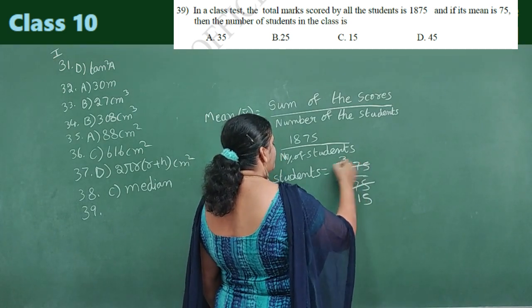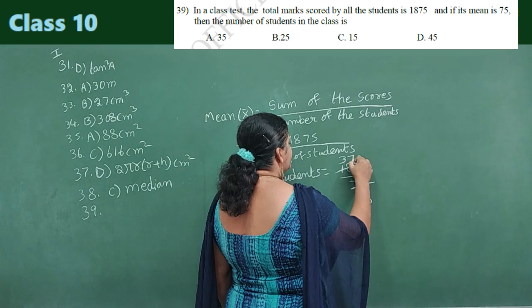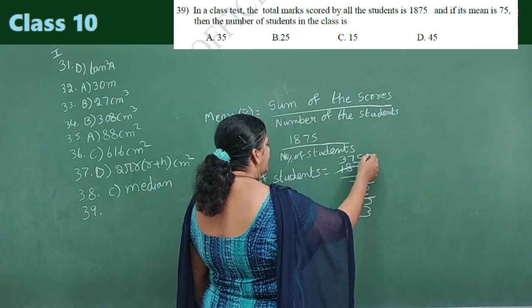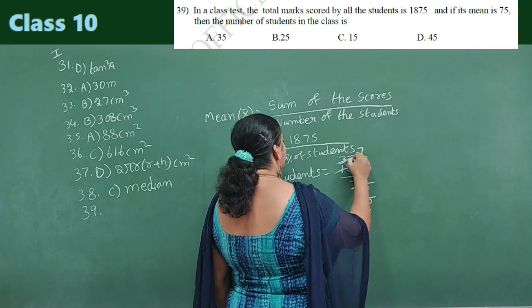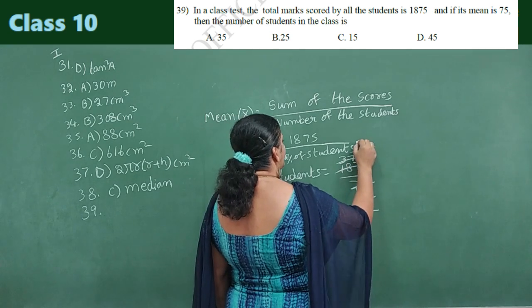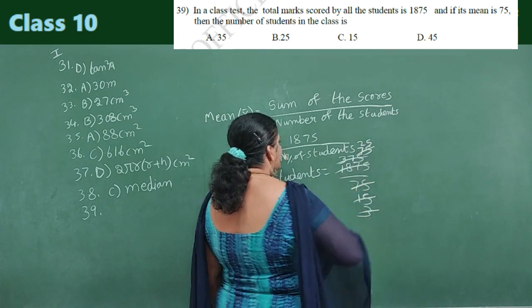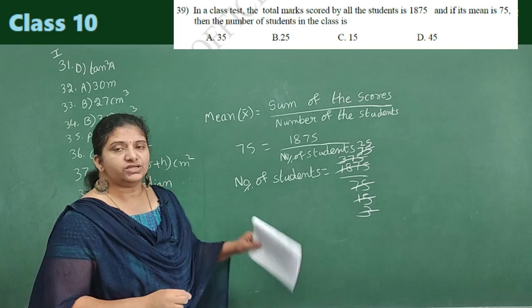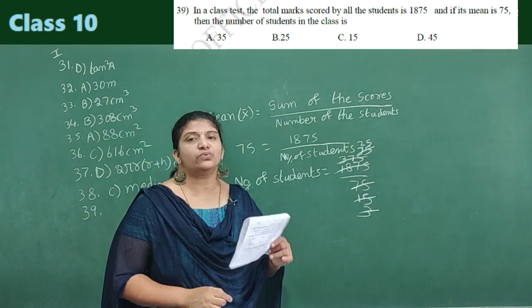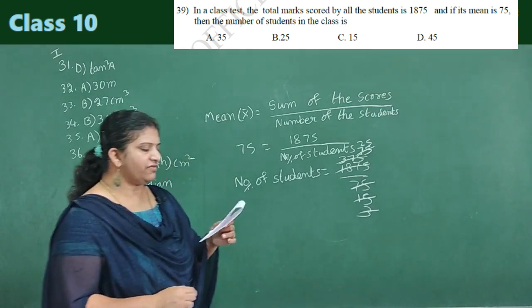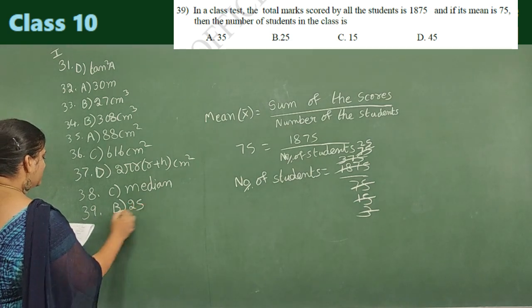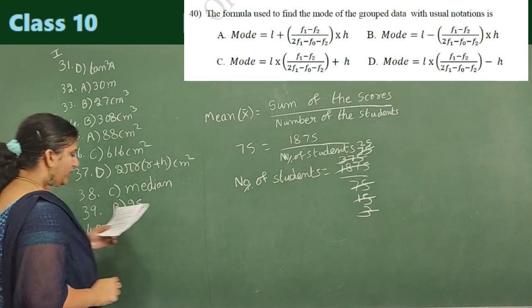Then again 5 3s are 15, 5 7s are 35, 5 5s are 25, 3 2s are 6, 3 5s are 15. That is the total number of students. How many students are there here? 25 students. Check for the option. Option B, 25 students.